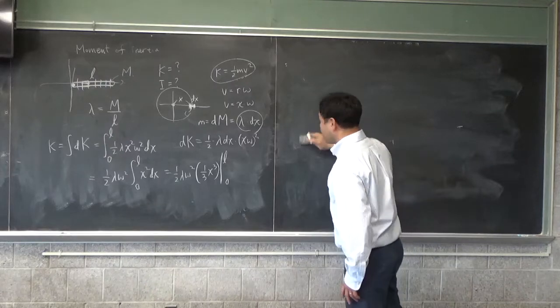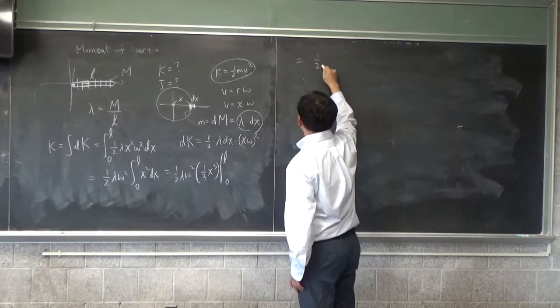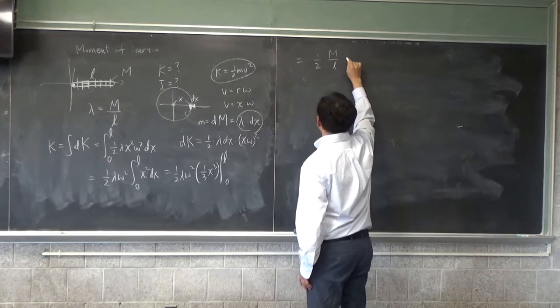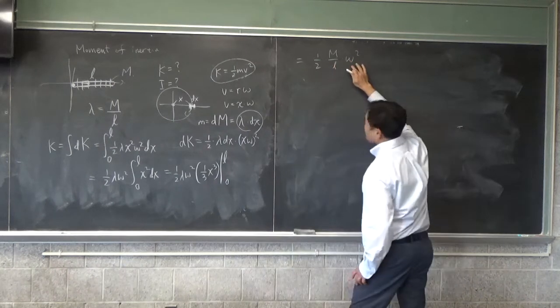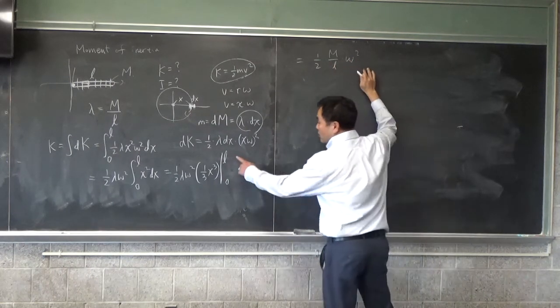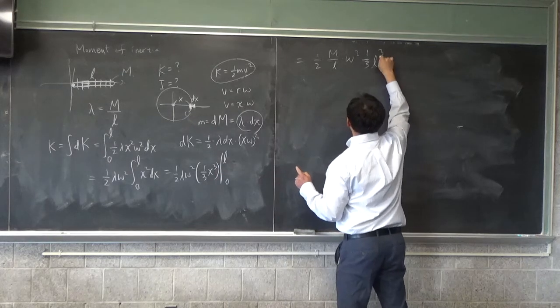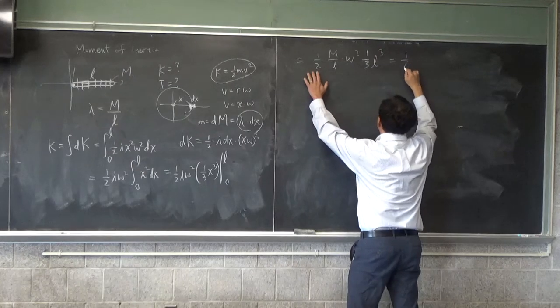So you have 1/2 lambda, and lambda is m over L, times omega squared. And then when L goes in here, it's 1/3 L cubed. 1/3 times 1/2 will be 1/6.